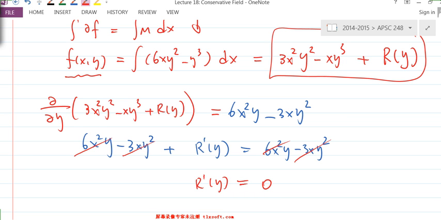If r prime of y equals 0, then r of y equals a constant c, any constant. Then the scalar function f is this plus c. That's it for this question. See the procedure? That's how you end up with this potential function, the small scalar function f.